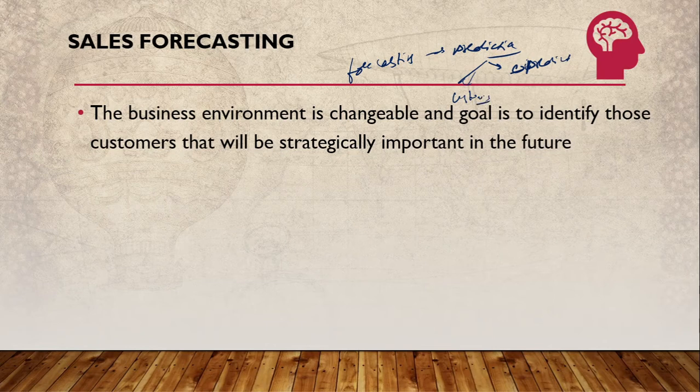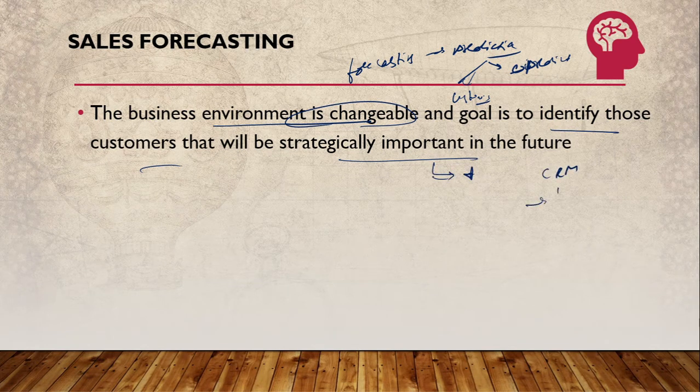In general, the business environment is changing every day. The most important goal is to identify the customers that are important to you in the future. As we are studying customer relationship management, the life cycle of the customer is very important, where you acquire, retain, and develop the customer. So we are always thinking about the future also.